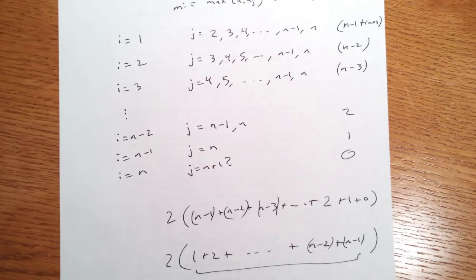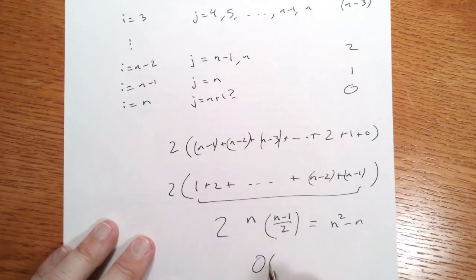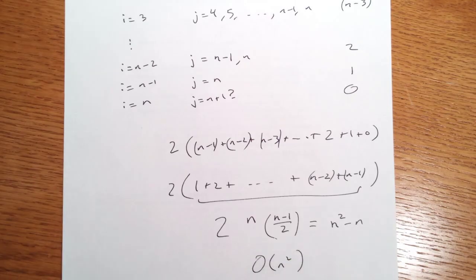We came up with a formula for that. Remember, they come in pairs, right? Those two add up to n. Those two add up to n. So it'll be n for a total, and it'll happen that many times. If I multiply those together, wait, there's a 2 on the outside. The 2 cancels the 2. That means that this is big O of n squared.